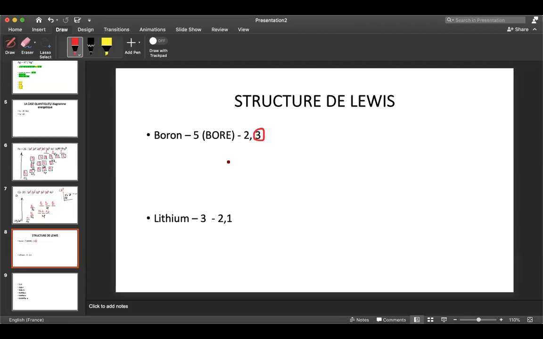So how you draw this one is you just draw a boron, say B. How many electrons does it have in the outermost shell? It has 1, 2, and 3. So how many electrons is boron supposed to gain for it to attain stability?